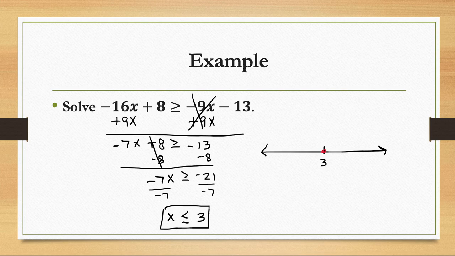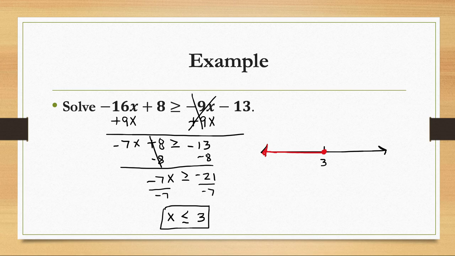So I'm going to use a solid circle on the 3. And then I want to shade in the direction of the x values that are less than that, which means that I'm going to be shading to the left. We color in the arrow at the end, which indicates that it continues on in that direction forever.